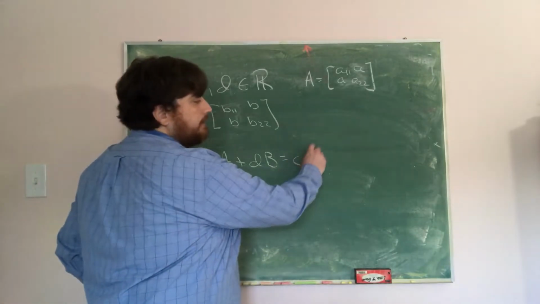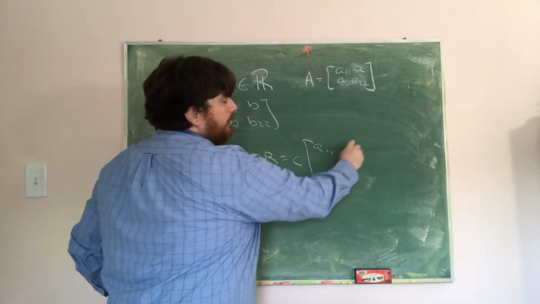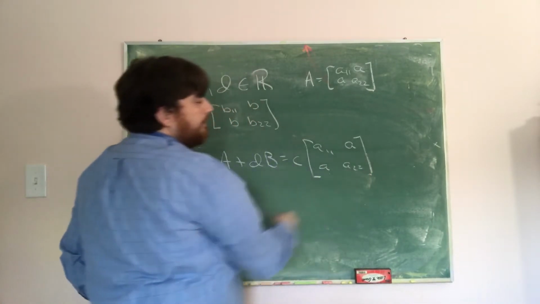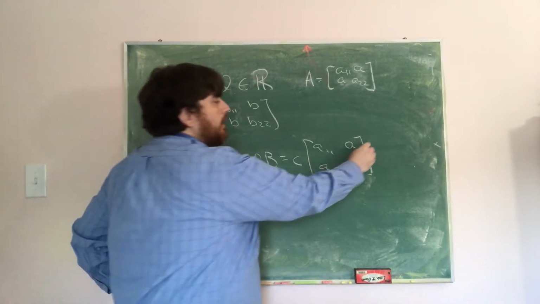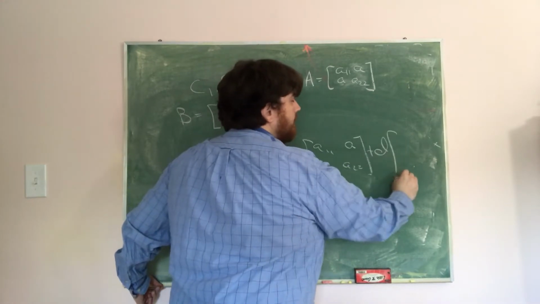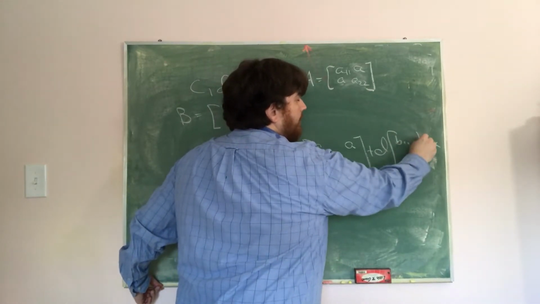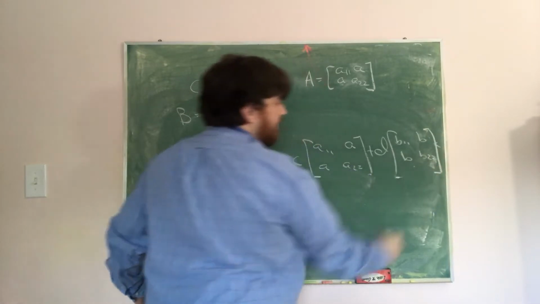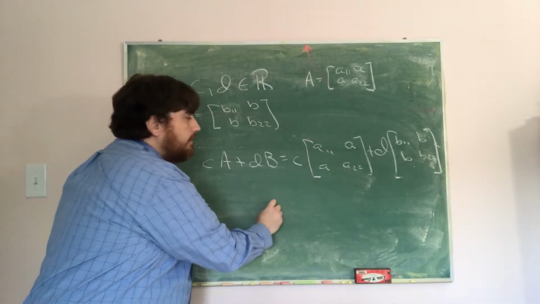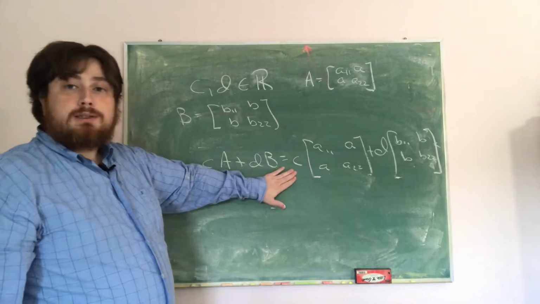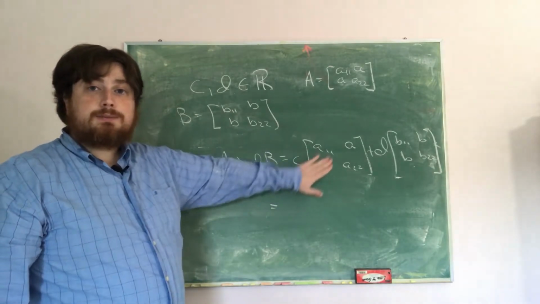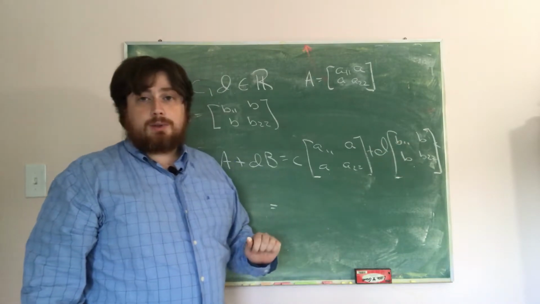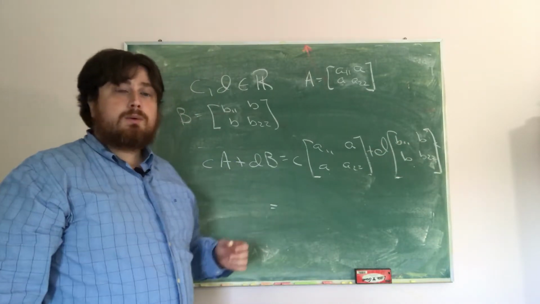And so what we would get is c times A11, A12, A21, A22, which is how I've denoted the entries of A, plus d times B11, B12, B21, B22, which is how I denoted the entries of B. So now, if I multiply these, I would multiply c times each of the components, and then I would multiply d times each of the components, and then I would add component-wise.